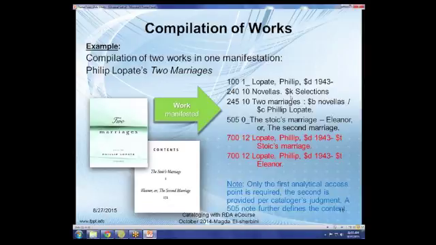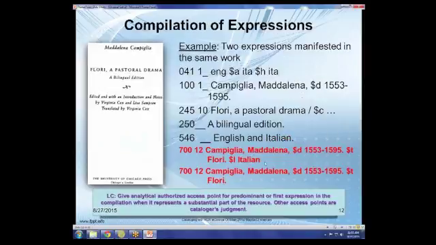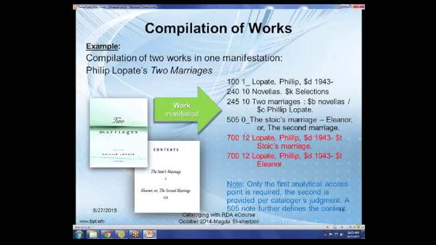Now, the subfield K and the word selections that follows it here is to indicate that this is not a complete collection. It's some of the novellas that he has written. And the thing to do then to track this RDA relationship is to use this uniform or preferred title in all records that represent novellas by Philip Lopate.